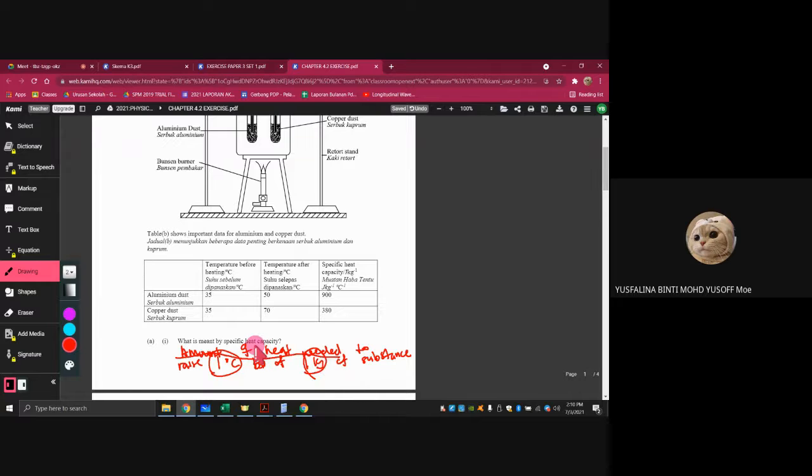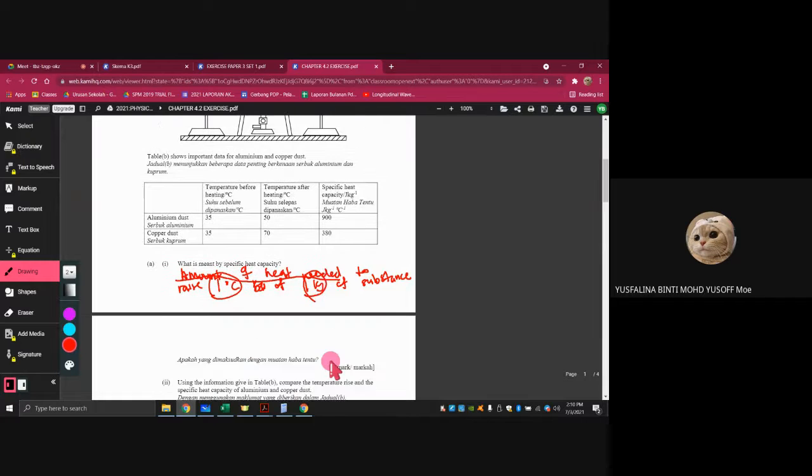You must have the 1 degree Celsius, the 1 kg, and the words amount of heat needed. These are the keywords. Later in the exam, they will look for these keywords. If these 3 keywords are missing, your answer will be wrong. But for heat capacity, you don't need to put 1 kg. Only say the amount of heat needed to raise 1 degree Celsius for the substance. That is the specific heat capacity.